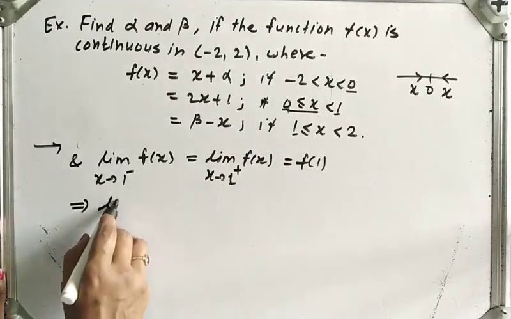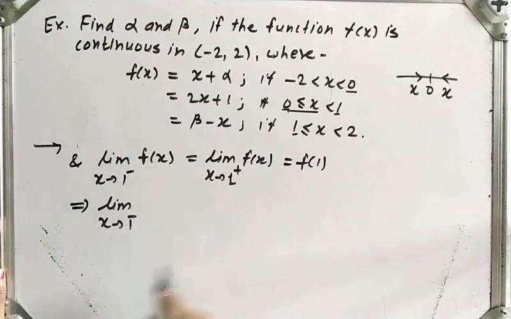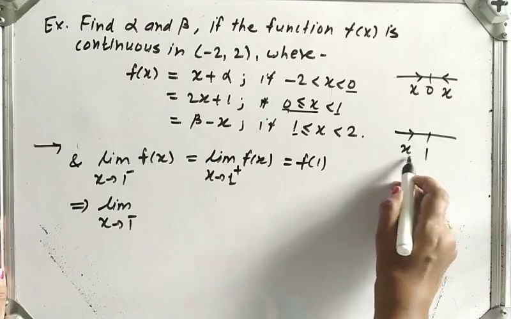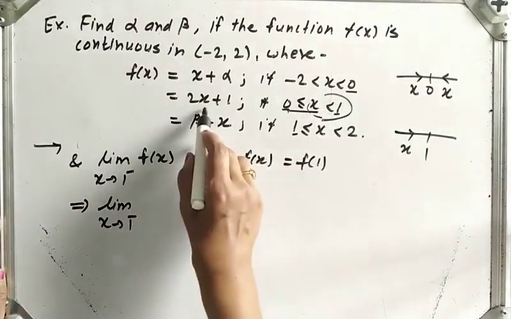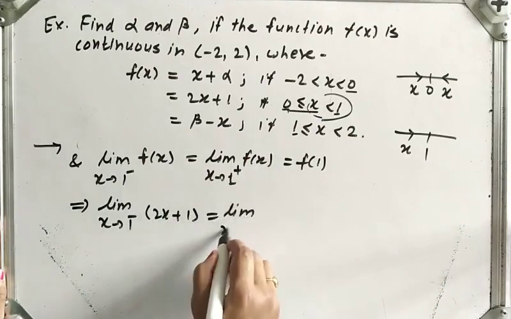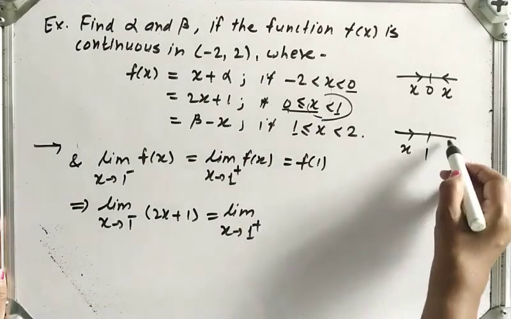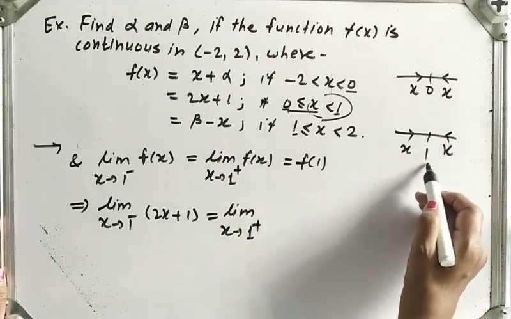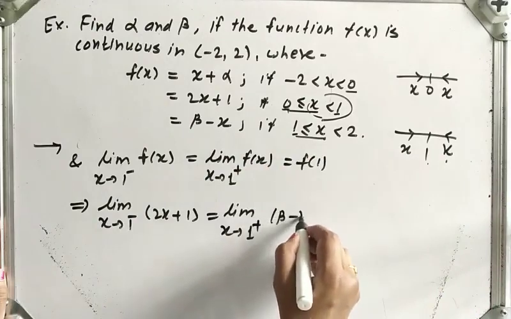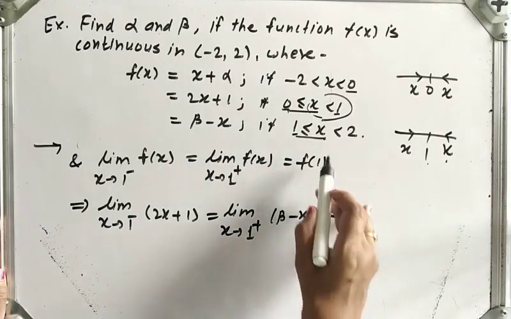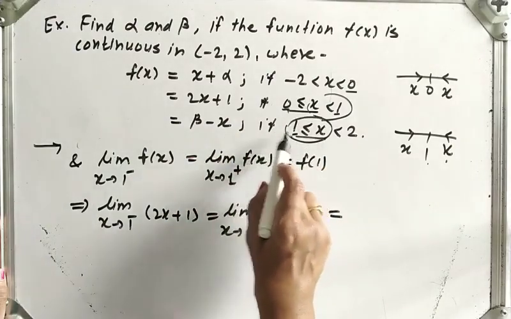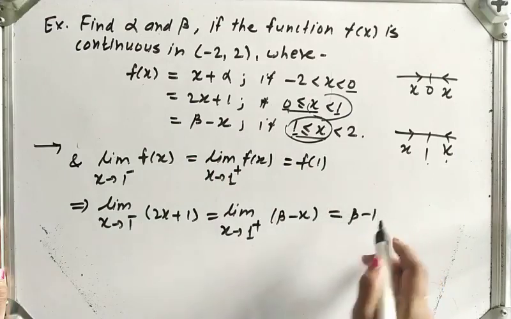This implies limit x tends to 1 minus: x tends to 1 from left hand side means x is less than 1, so the value of function is 2x plus 1, is equal to limit x tends to 1 plus: x tends to 1 from right hand side means 1 is less than x, so the value of function is beta minus x, and for f(1), with x ≤ 1 the value of function is beta minus x. If x is equal to 1 it will be beta minus 1.